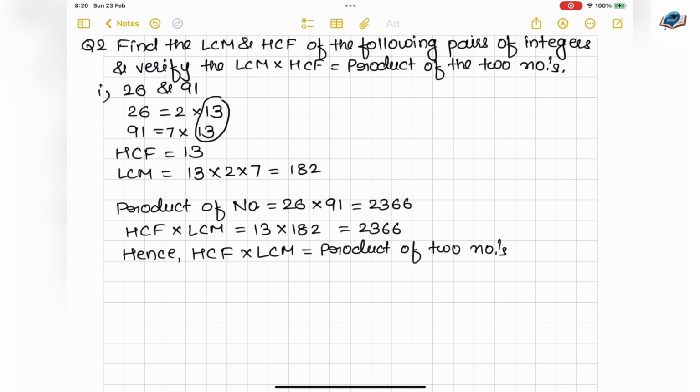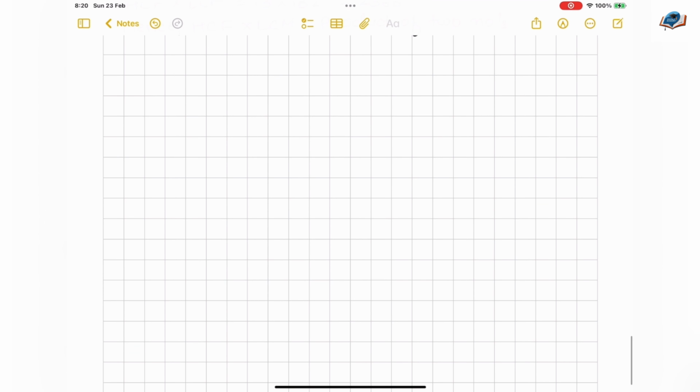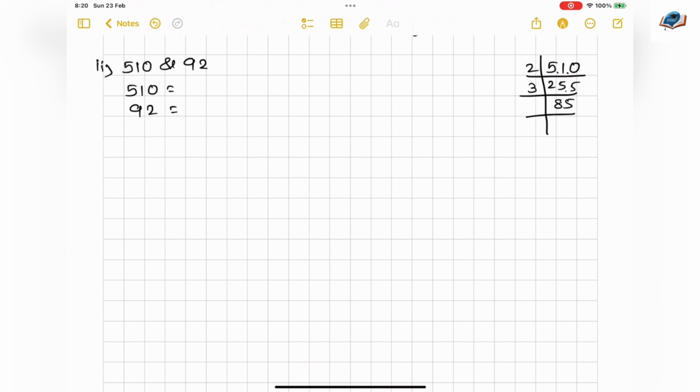Now the second one, it says 510 and 92. First, for 510, the prime factorization: 2 fives are 10, 255; 3 into 85; 5 into 17; 17.